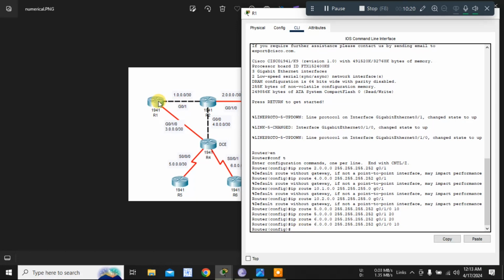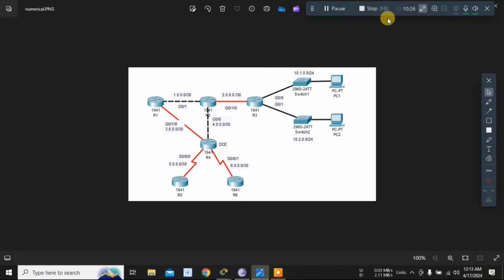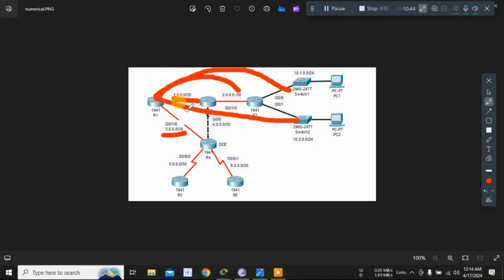See, for router number 1 I have provided these. You have to remember that this route and this one are directly connected. The rest I have to connect via routes: I have to connect to this network, this network, this network, then the 5 network, then the 6th network.